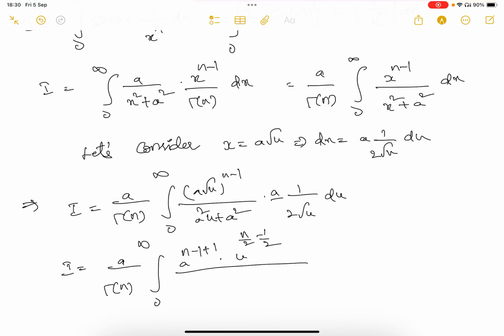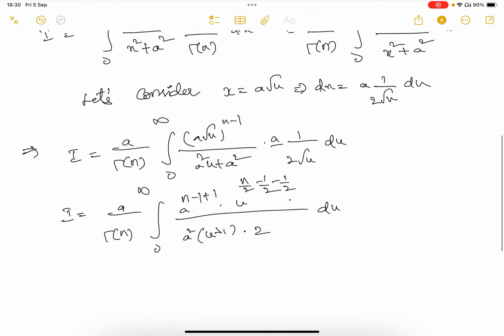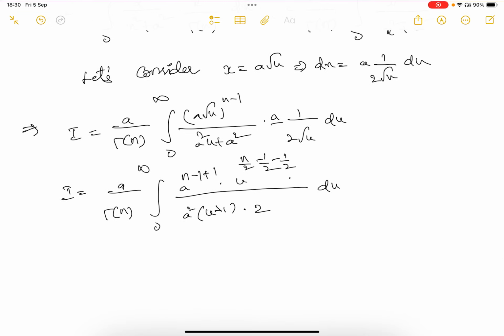By, if you take a square as common here, it will be u plus 1 into a square, right? Into 2, and this root u, if it comes to the numerator, will be u power minus half du.